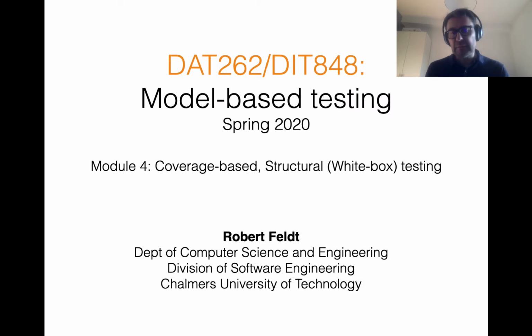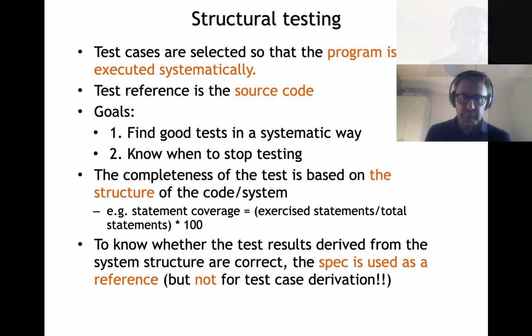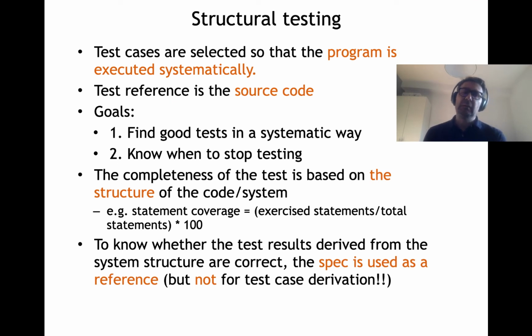So we talked about white box and black box testing last time, and gave an overview of testing levels. Now let's dive into maybe the most concrete type of testing, coverage-based or structural testing. So what is this? It's fairly simple, as you know. We discussed it a little bit last time.